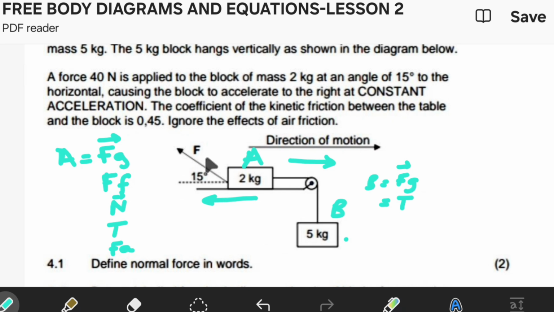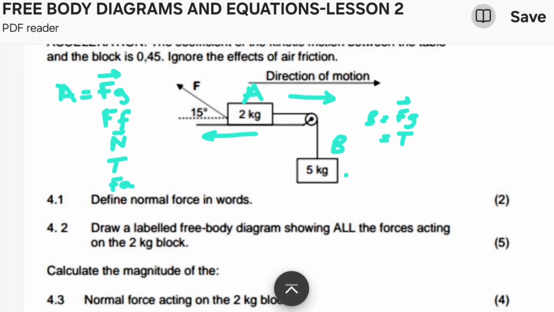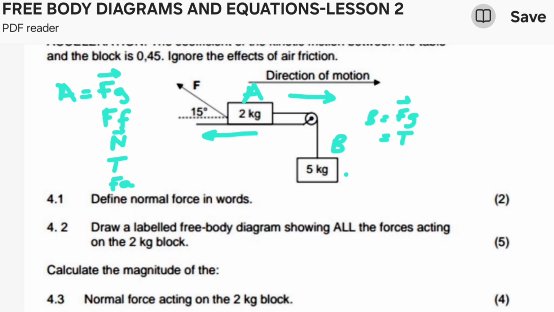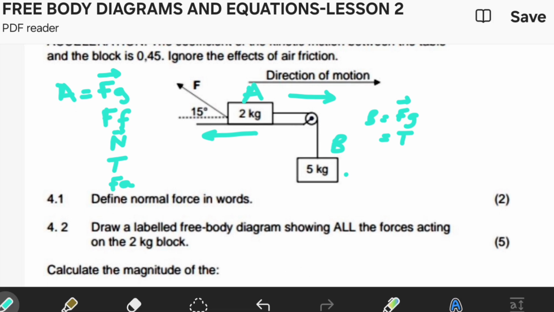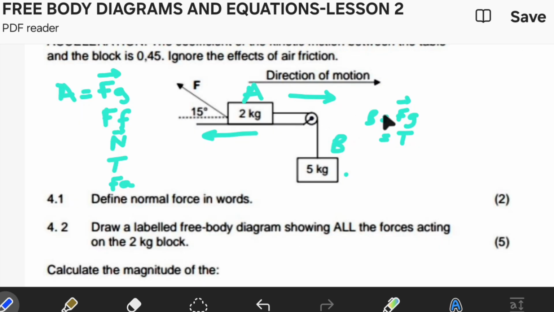Okay, so let's formulate the equations of motion and the free body diagrams of these blocks. Let's start with block B. Block B, we said, has weight and tension.